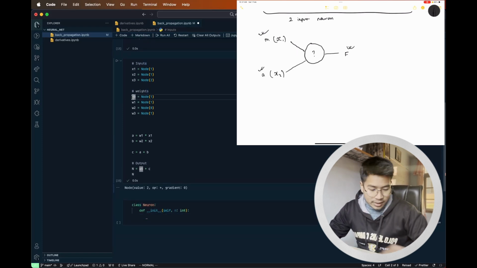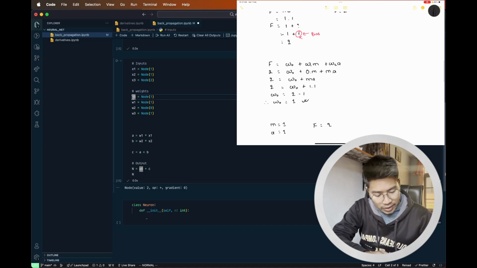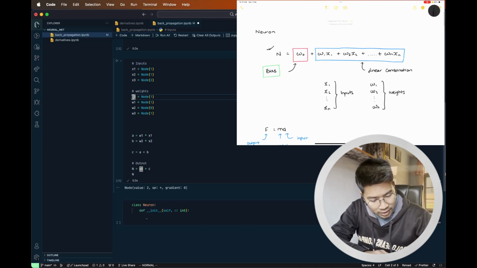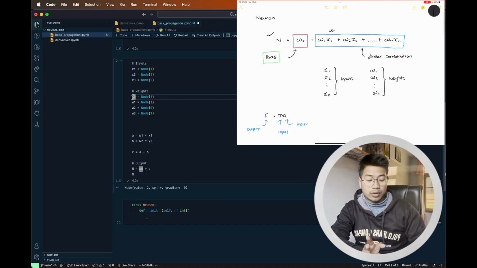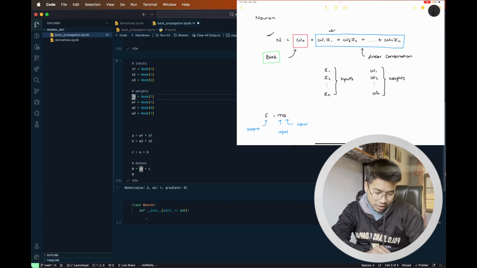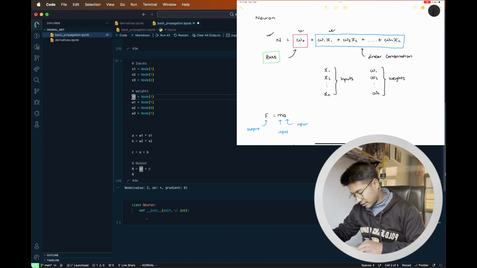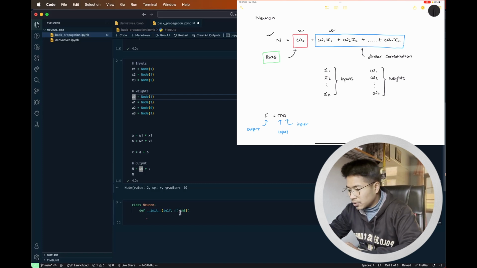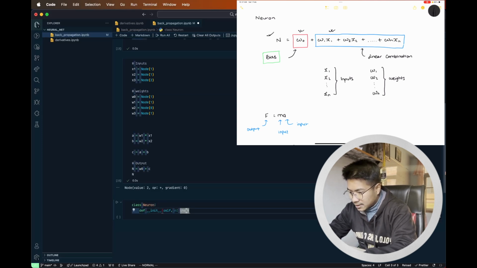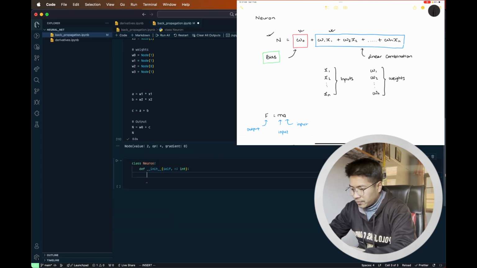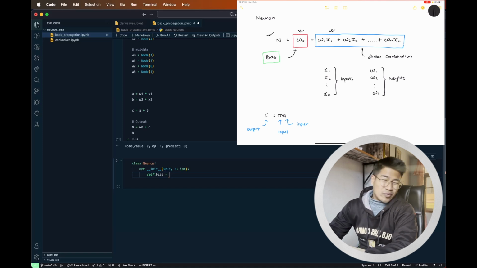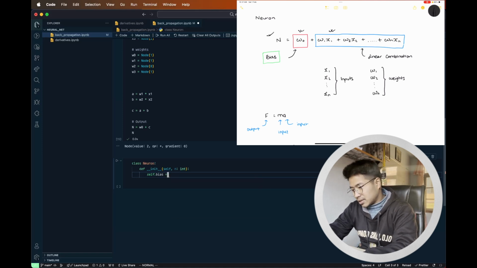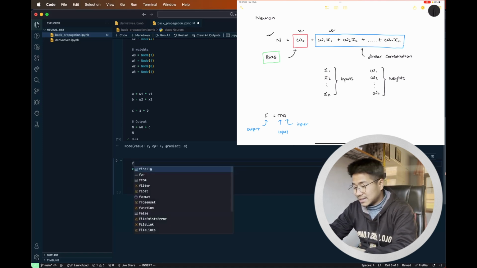For this linear combination, the number of weights is equal to the number of inputs, and there is this additional thing called a bias. So let's encode that. Let's encode the first thing, that is our bias. I have a bias term inside my neuron. I don't know what that bias term should be, so I'm just going to use a random number.